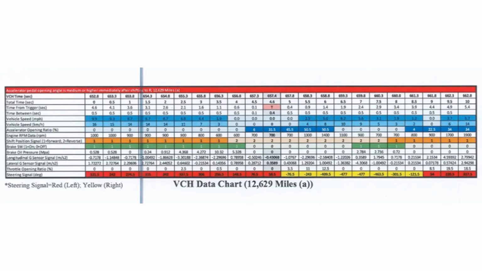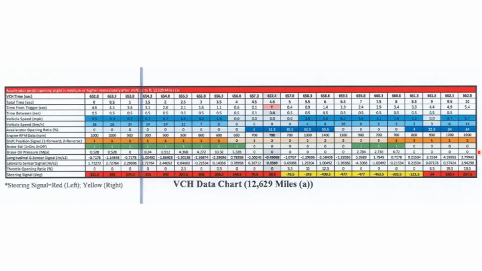So we do have a trigger at one point, and it's showing a trigger. None of these are very fast in their miles per hour, which is, you can see the trigger right here, and then the miles per hour is going to be these numbers here, which are very slow speeds. And then the shift position goes from 1, meaning in drive, 2 being reverse, and 1 in drive again.